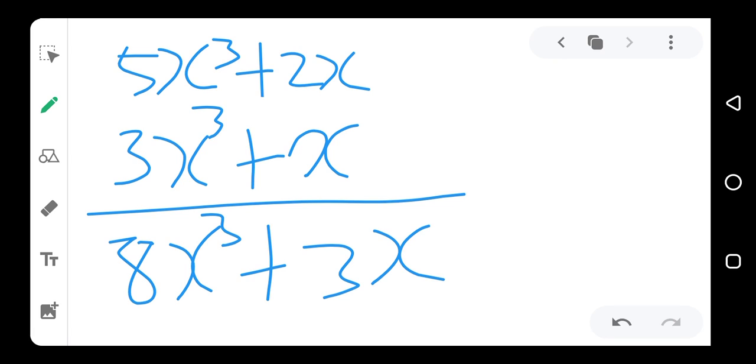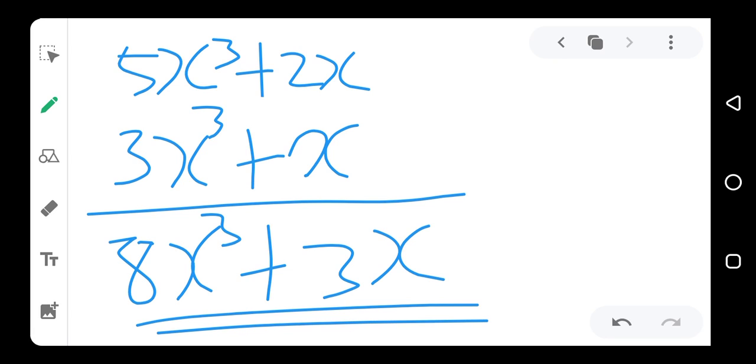So this is the answer when we add 5x raised to power 3 plus 2x and then 3x raised to power 3 plus x.